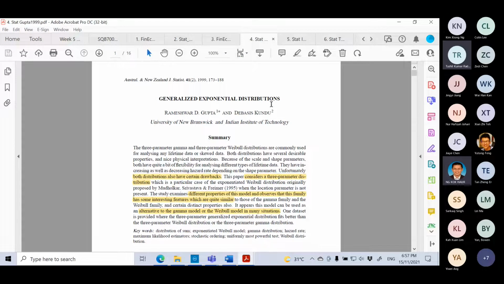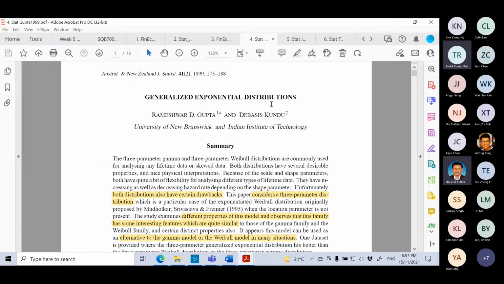When you do the literature review, I'm referring to the first chapter, the introduction part, we need to know that if you are working on the generalized exponential distribution, then of course in the literature review you need to provide some background or some research related to this type of distribution.